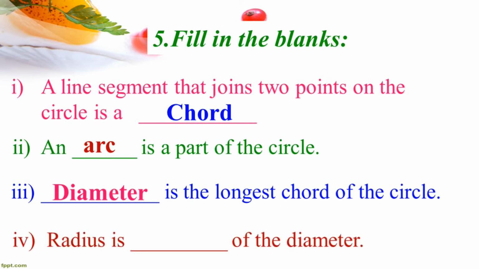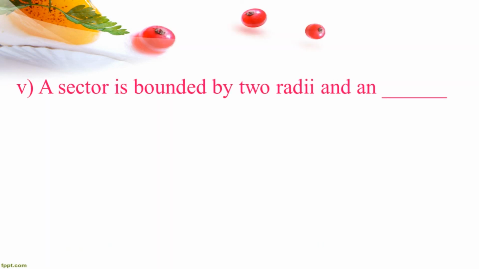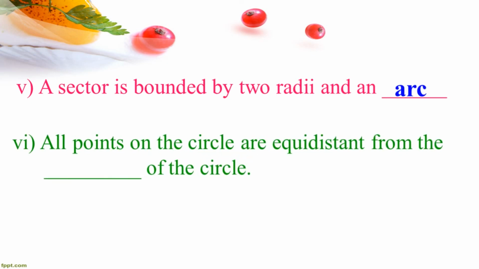Fourth one, a radius is the dash of the diameter: half of the diameter. Fifth one, a sector is bounded by 2 radii and an dash: arc. So the answer is arc. Sixth one, all points on the circle are equidistant from the dash of the circle: center.